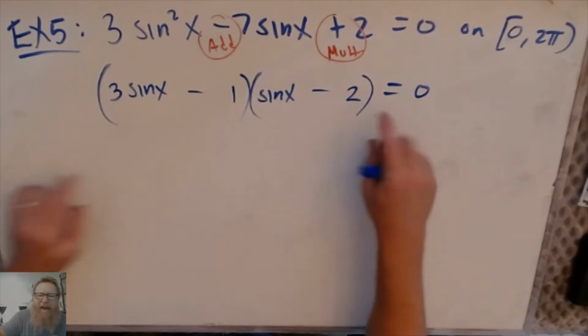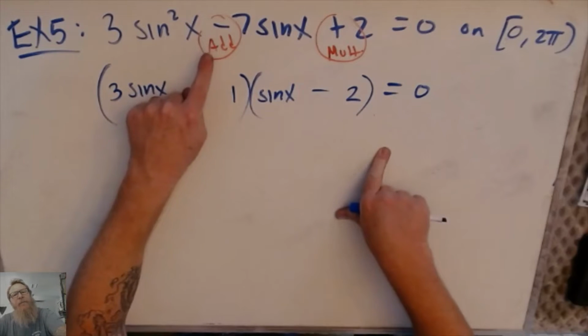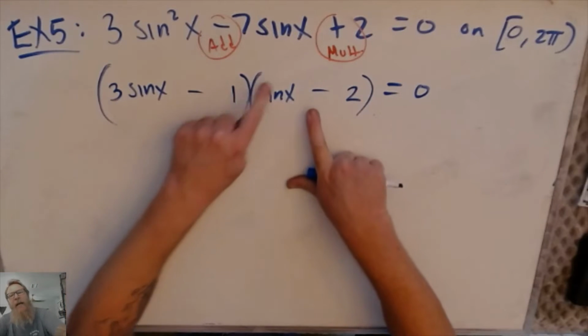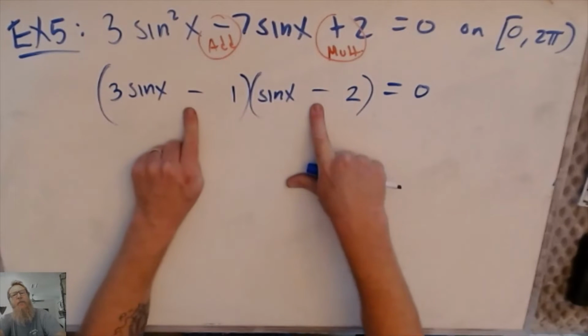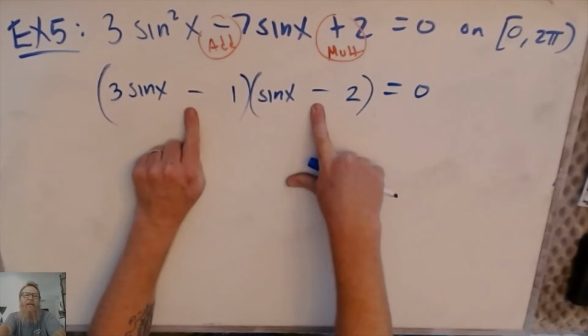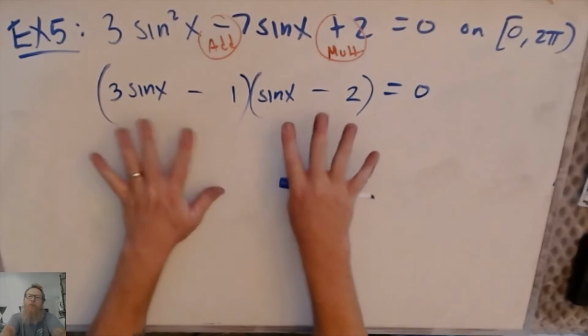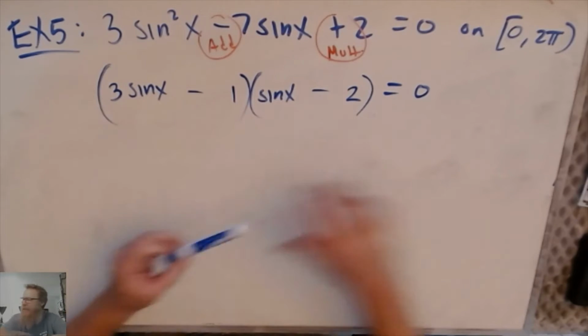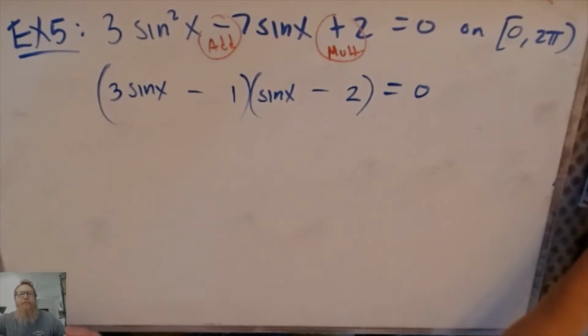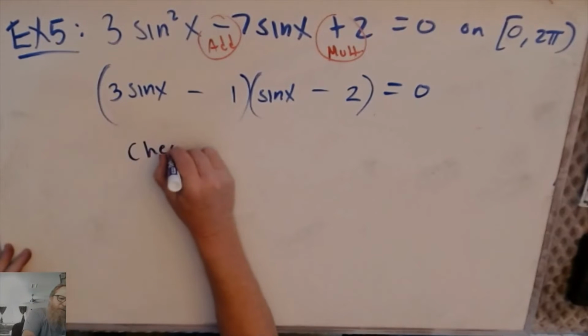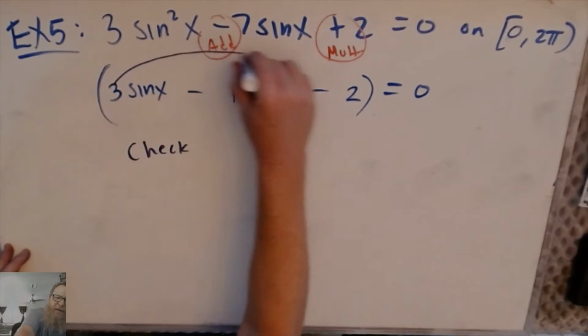So if they're going to add to be a negative, then they have to both be negative, and they're going to multiply to be a positive, so they're both going to be negative. Now again, this is a guess. I wouldn't trust this. I would check by multiplying the 3 and the 2.